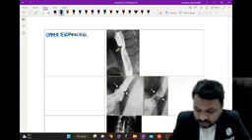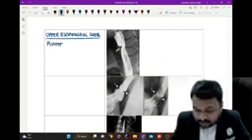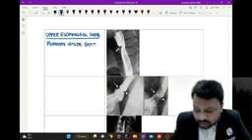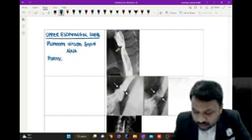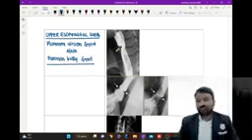Now the upper esophageal web is seen in a condition called Plummer-Vinson syndrome, also known as Patterson-Kelly syndrome, right?